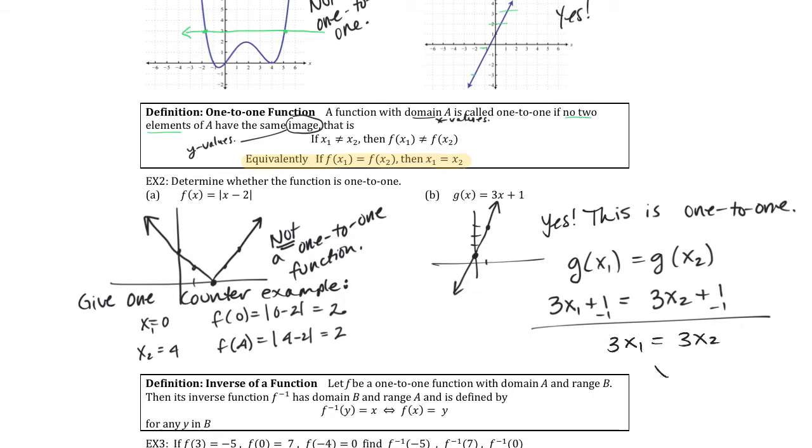And then dividing both sides by 3, you would get that x1 must equal x2, which shows that if you have the same output, then we must have had the same input. So we could say, therefore, g of x is one-to-one.